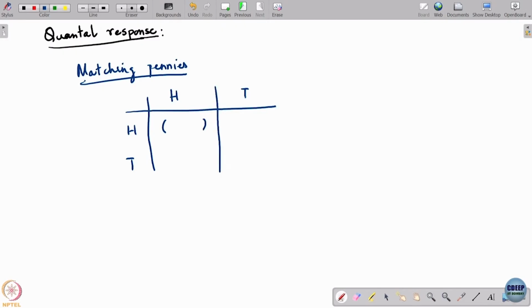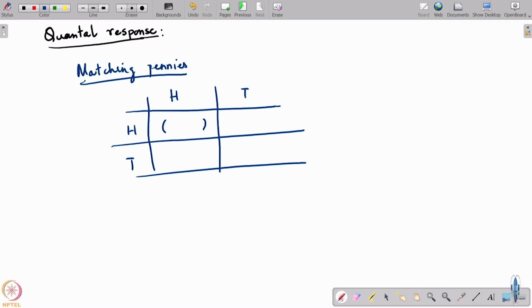I'm writing this assuming players are maximizing. Okay, so each has their own coin, and they have to decide whether they put the coin down with heads facing up or tails facing up.